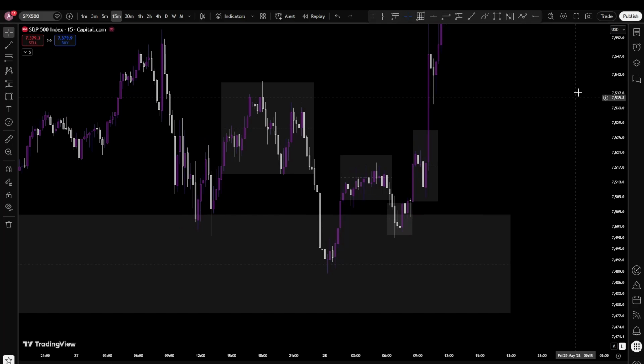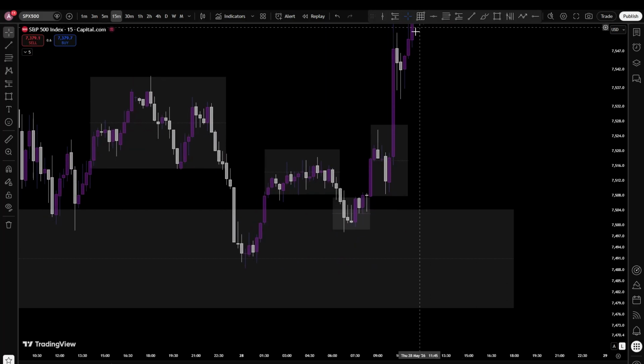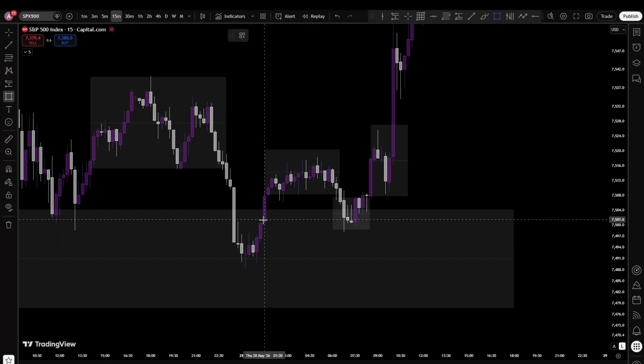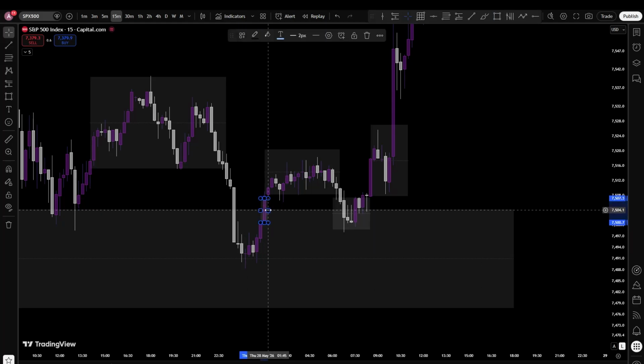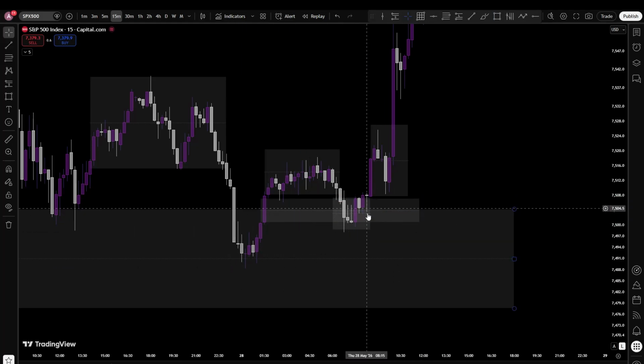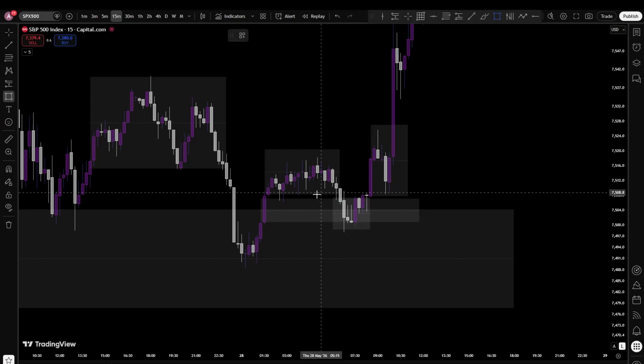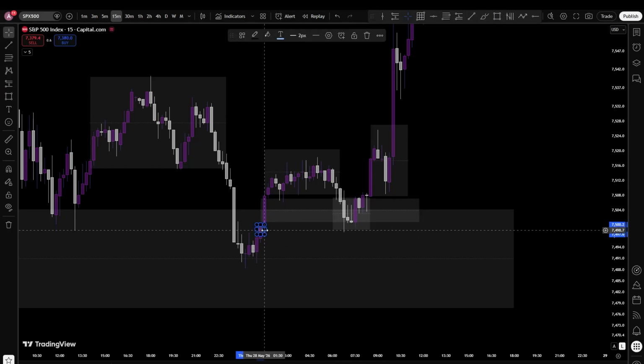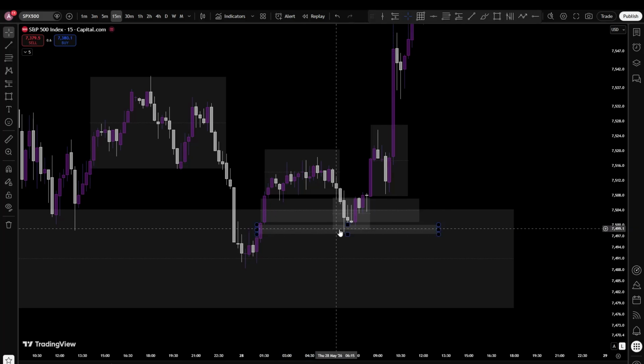After that the price went down, stopped on some zone of interest, which is this imbalance, fulfilled it, and left it. We got again this FVG on the left side, just touched it.